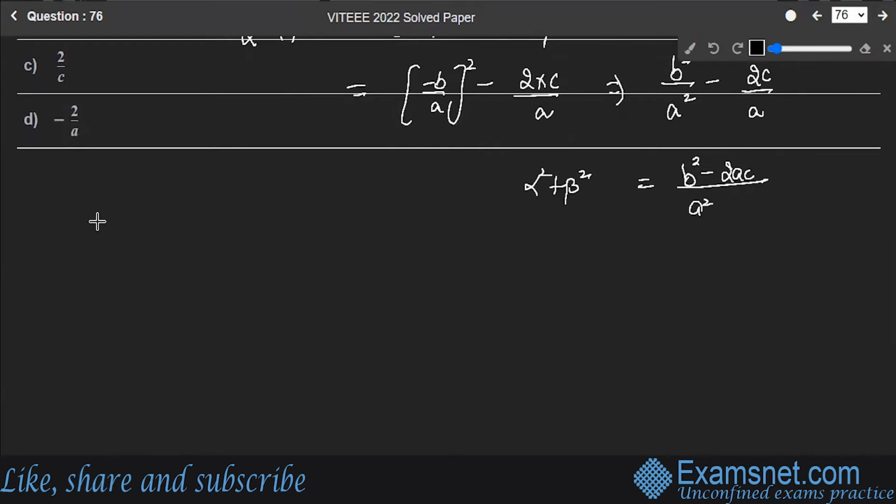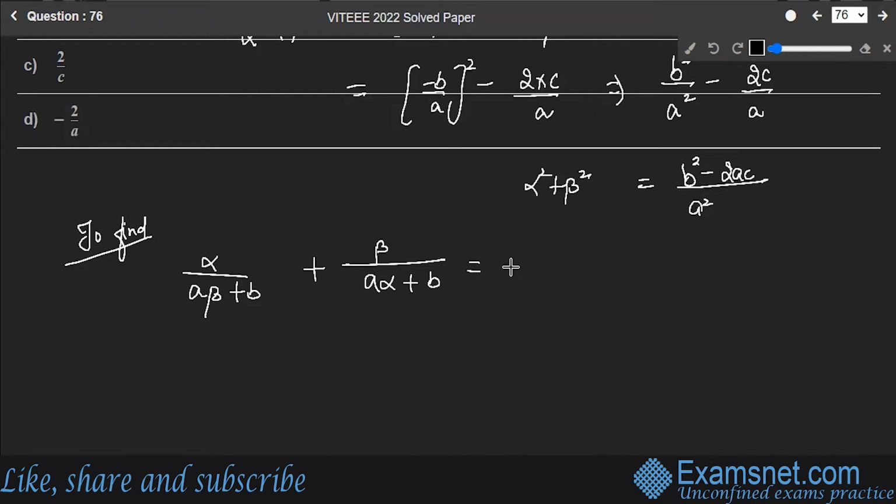Let's write it down. To find: alpha upon A into beta plus B, plus beta upon A into alpha plus B, is equal to, let's take out the LCM.